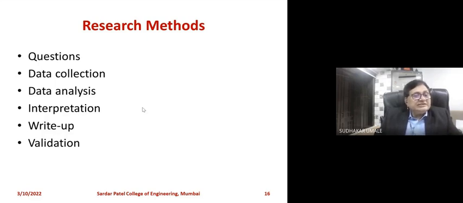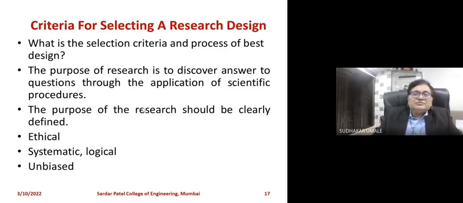The validity and reliability of the research should be checked very carefully. The limitation of the research must be mentioned because we are not able to complete the research. We have a time limit. Therefore, during that period, we must have the limitation of the research, and you have to mention it during writing your work.